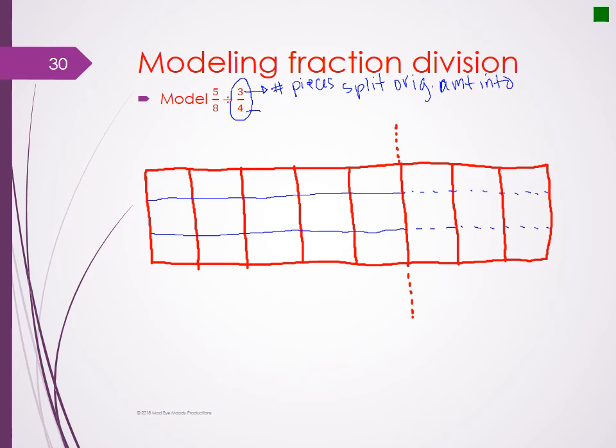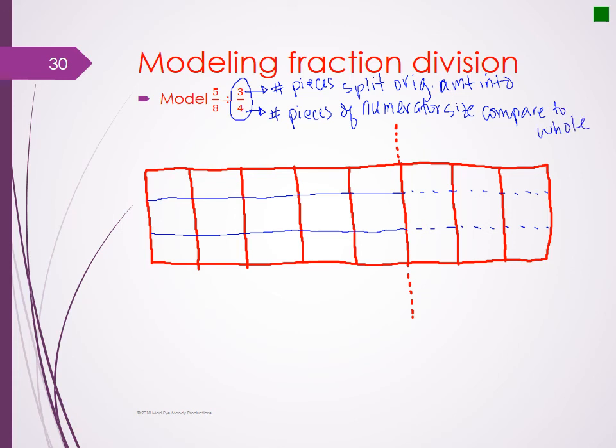The denominator of our divisor tells me the number of pieces of the numerator size I'm going to compare to the whole.